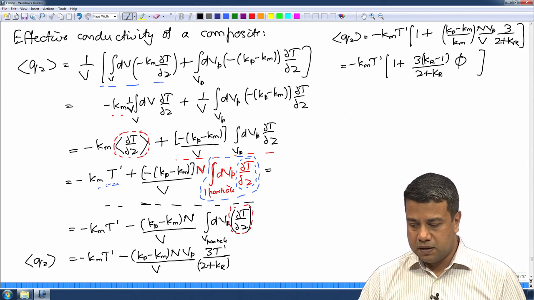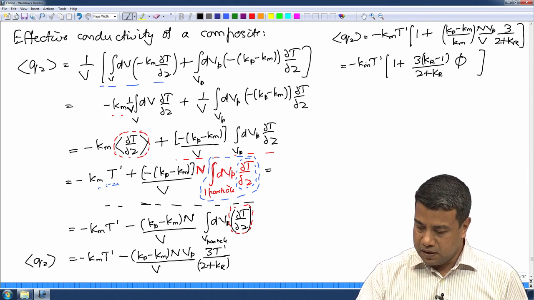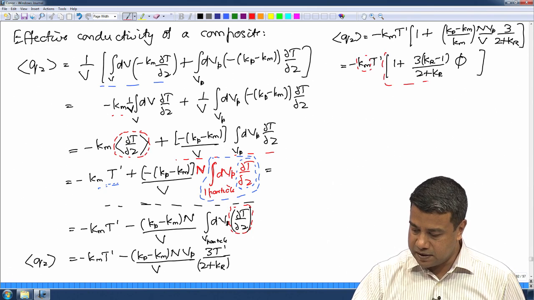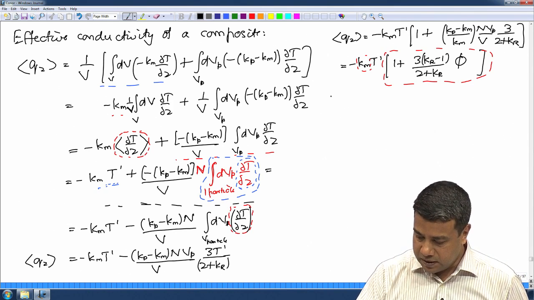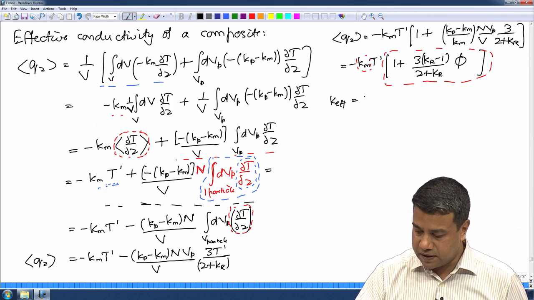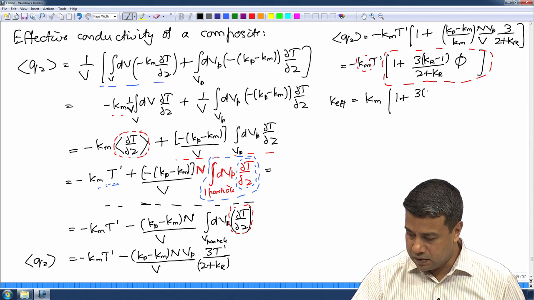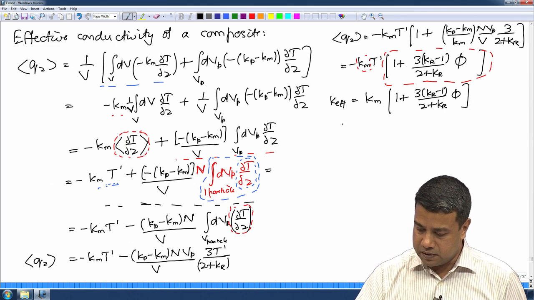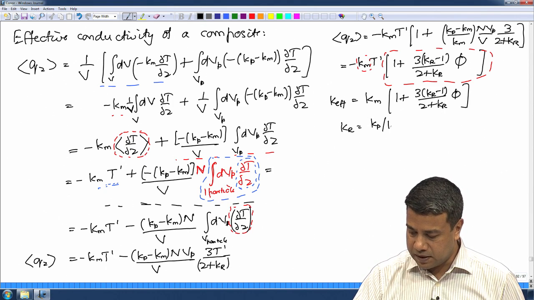So, this gives me the effective thermal conductivity of a composite. The effective thermal conductivity is effectively the matrix thermal conductivity times this additional factor due to the presence of the particles. So, K effective is K matrix times 1 plus 3 into (K r minus 1) by (2 plus K r) into the volume fraction of the particles, where K r is equal to the particle conductivity divided by the matrix conductivity.